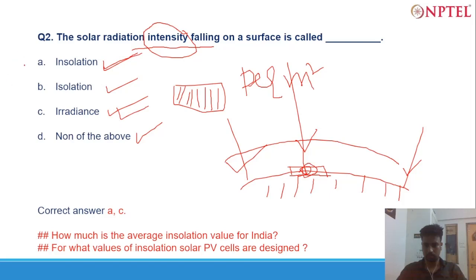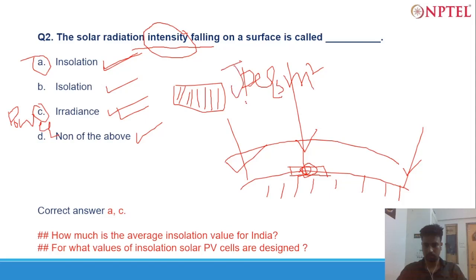But if we want to see the difference, irradiance basically represents the power, that is energy per unit time. We see per meter square per second, joule per second meter square.